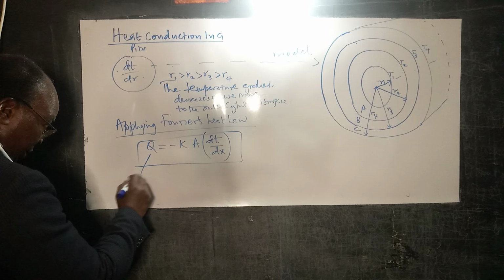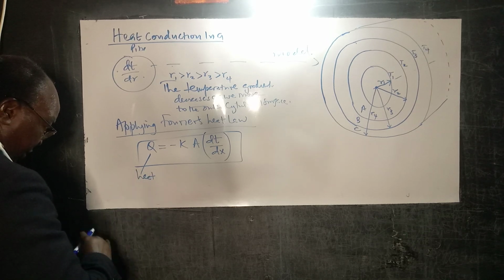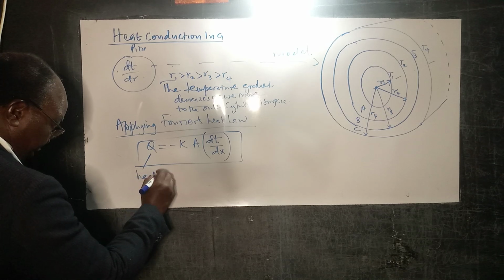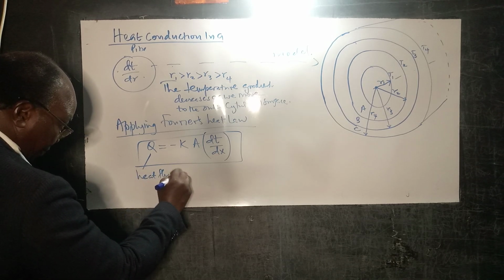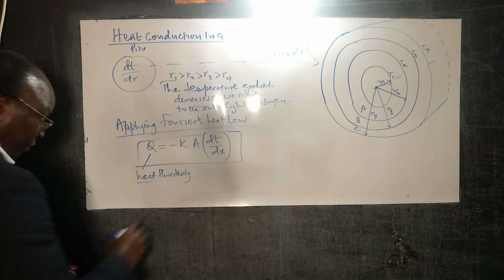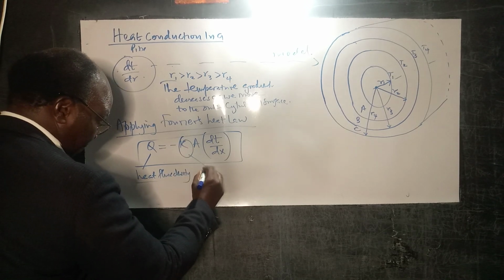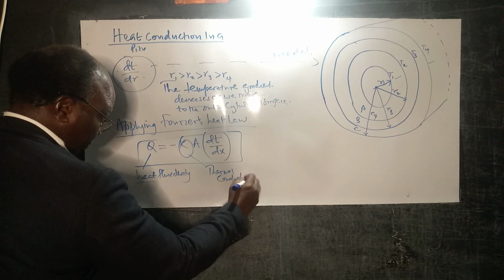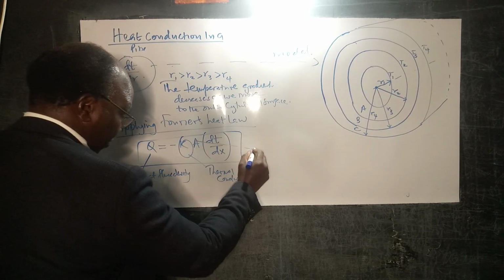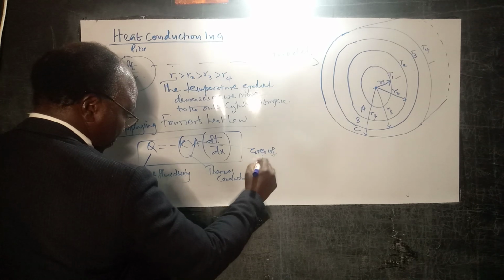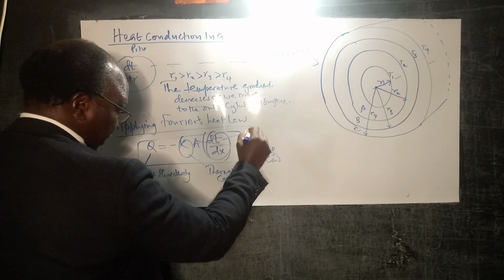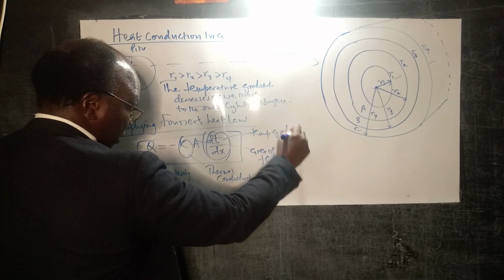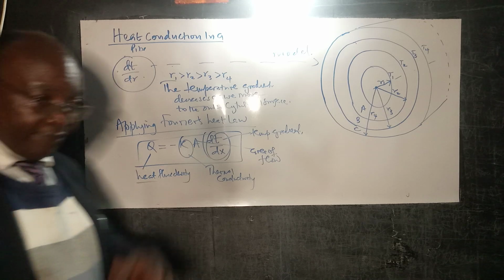Remember, rate of heat transfer or heat flux density, effect of heat transfer. This is thermal conductivity coefficient, that is area of flow, and that is the temperature gradient. And that is Fourier's law. You're already familiar with it.